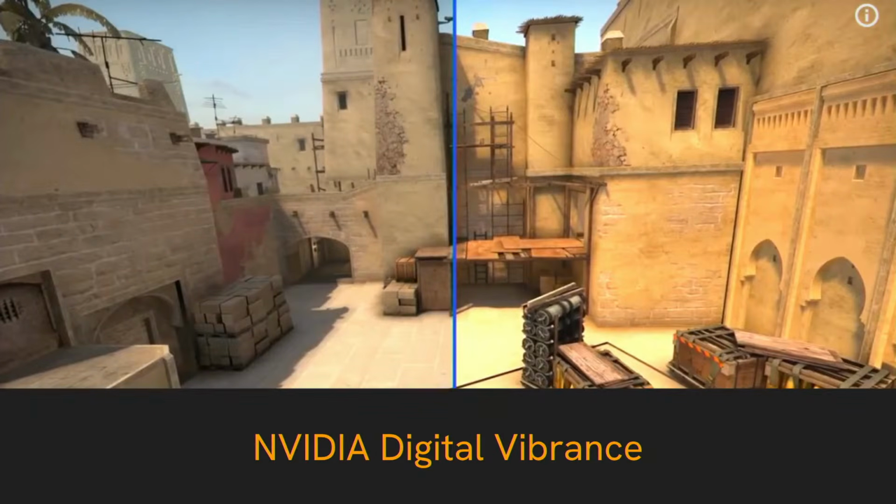And NVIDIA, again, has put out a few products. This one's called Digital Vibrance. And this is a fairly simple version of it. What it does is take a standard game image, and then in a post-process, it ups the saturation, mostly. And this is in widespread use by a lot of competitive gamers.